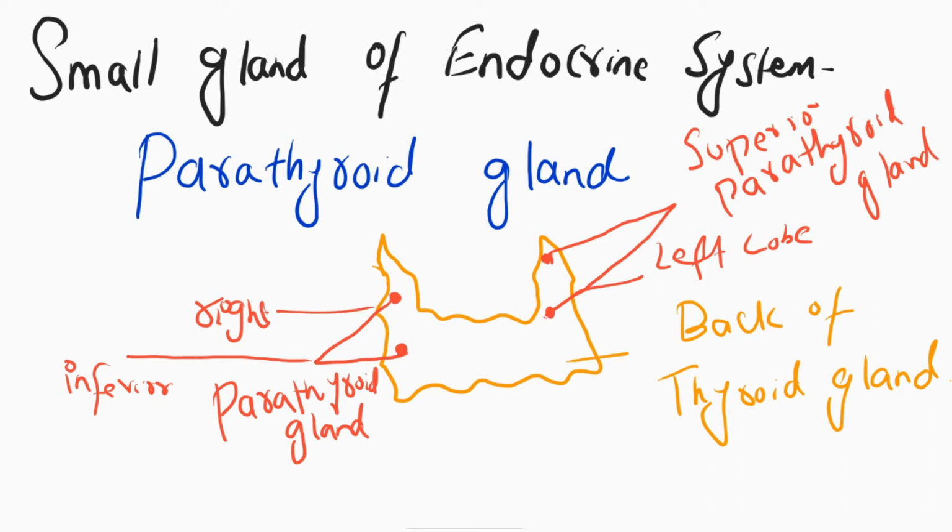Parathyroid glands are 6 mm long and 2 to 3 mm wide.